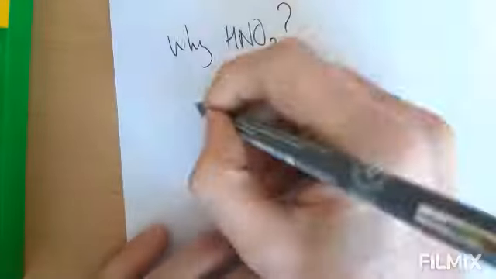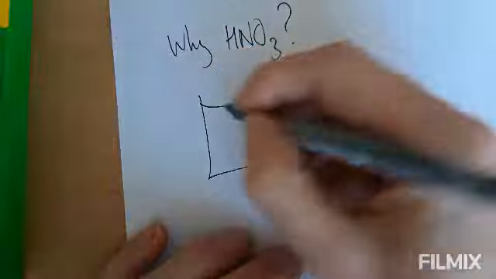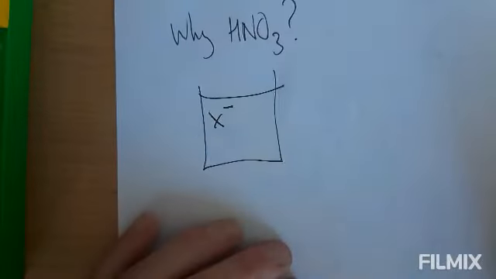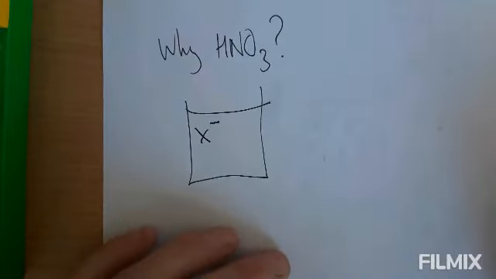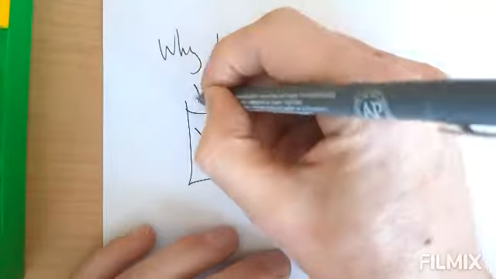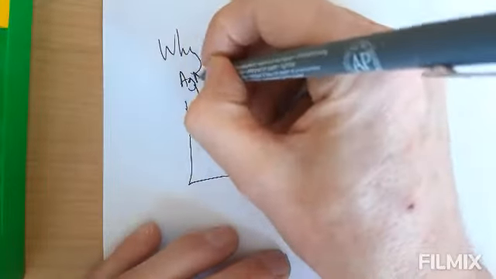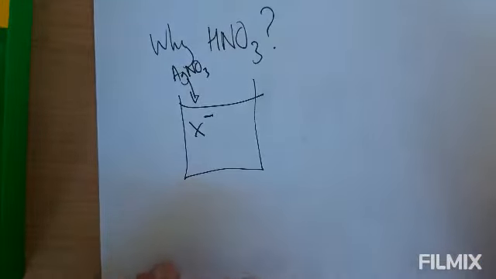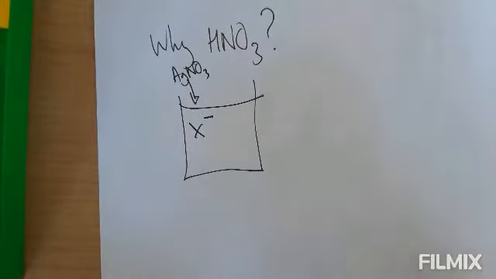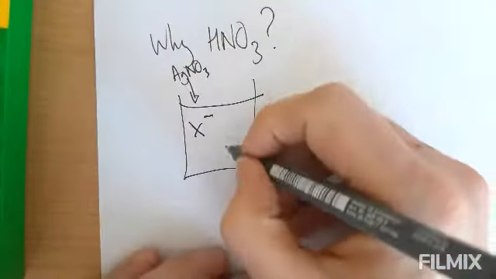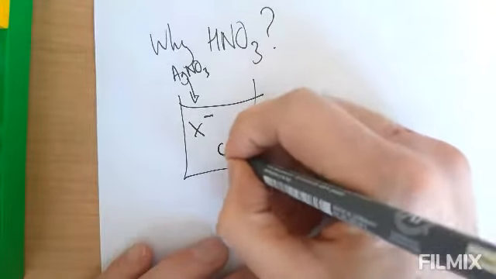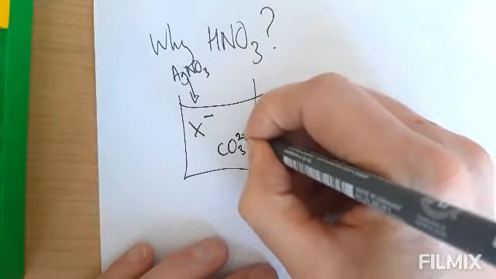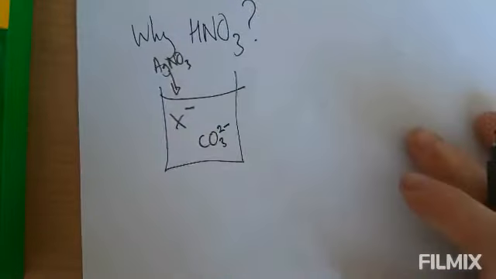All right, so imagine then that you've got a beaker and you're convinced that it's got some halide ions in. So you put some silver nitrate in there and you might well get your white, your cream, or your yellow precipitate. But here is a fact that you need to know. Sometimes a sample of water can have carbonate ions dissolved in it too.